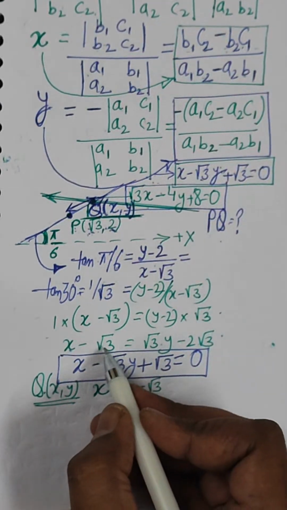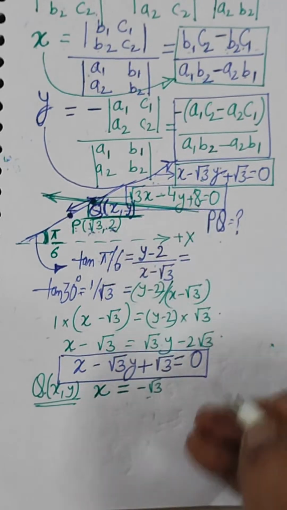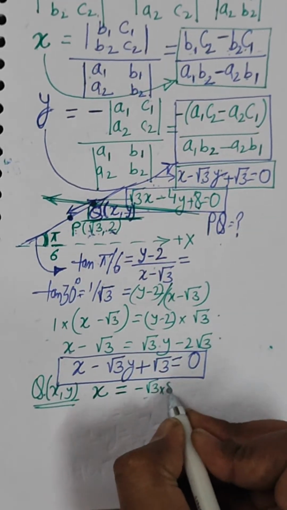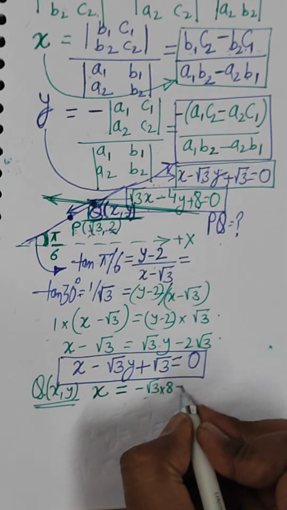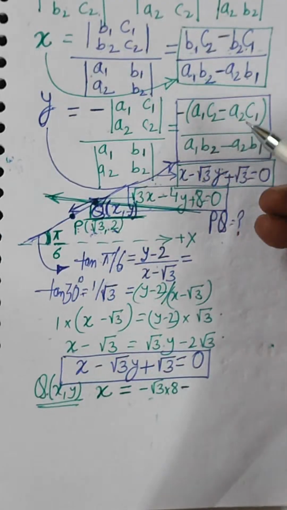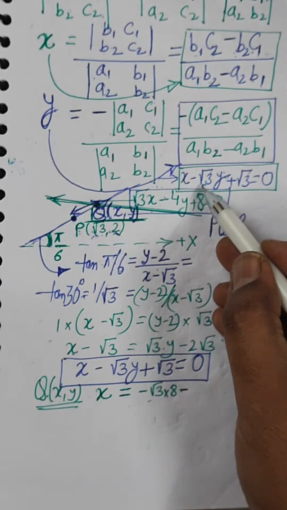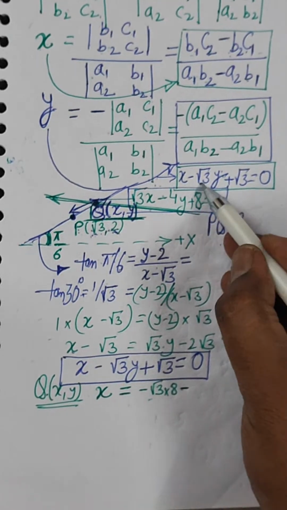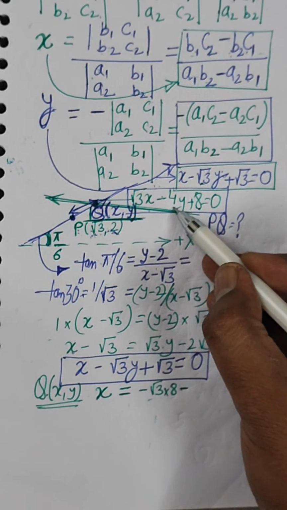What is c2? c2 over here is 8, right? Minus root 3 into 8, minus b2 into c1. What is b2? b2 is minus 4 over here.